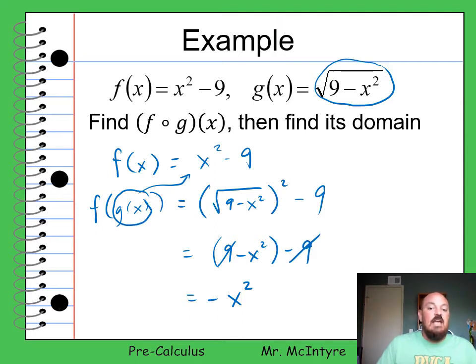Now, if I ask you guys the domain of that function, we would say all real numbers. So remember, as a refresher from 1.1, for domain questions, you're asking, is there anything that can make a denominator equal 0? And you say, well, this function doesn't even have a denominator, so I don't have to worry about that. Is there anything that could make a square root negative?